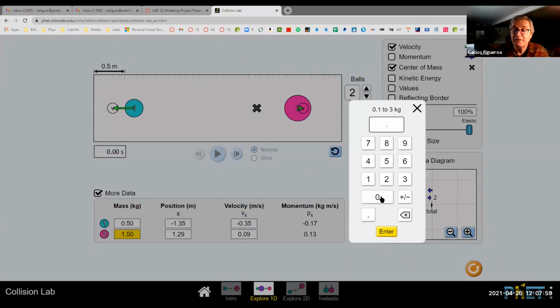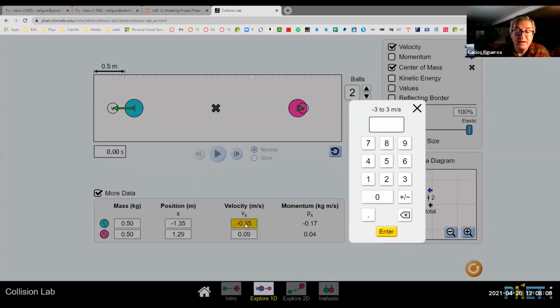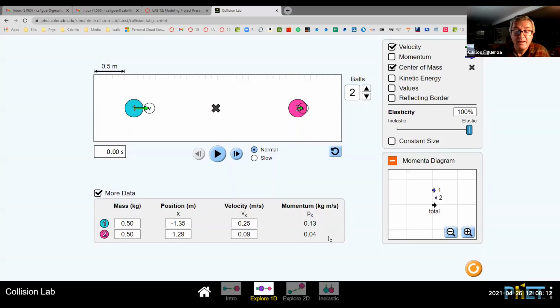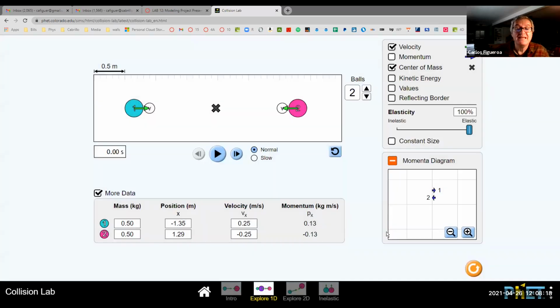This guy should be 0.5. Now they're the same. Now I'm going to give them the same velocities. How about if I make this one 0.25, and the other one negative 0.25, so that they have the same velocities and masses.